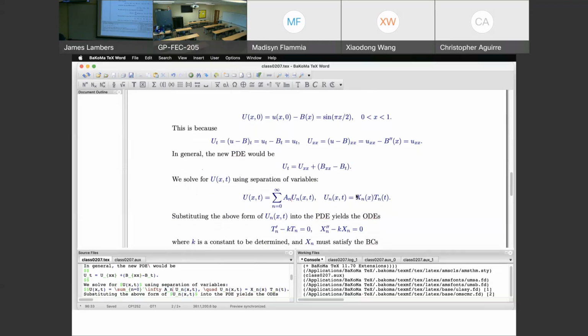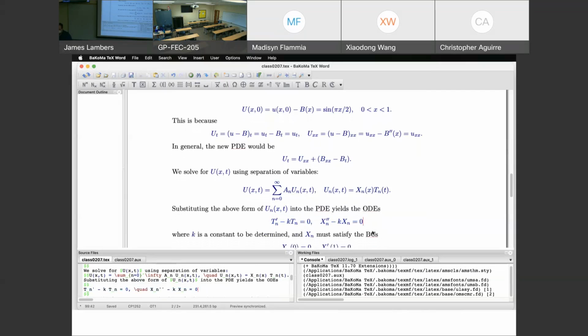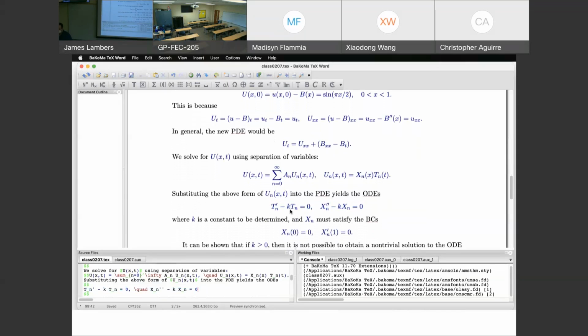And we assume that capital U_n breaks down into a function of x times a function of t. That's the separation of variables idea. As we've seen before, with separation of variables, the PDE breaks down into these two ODEs, where k is some constant that's yet unknown.